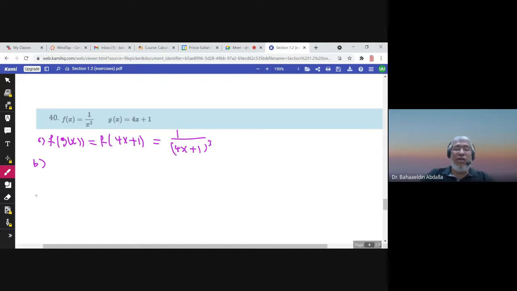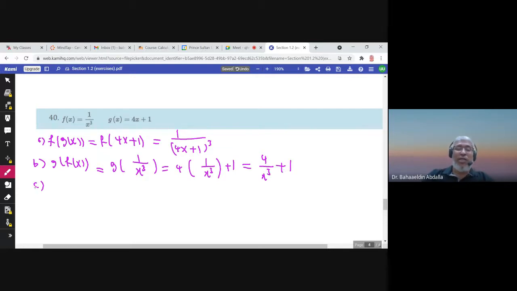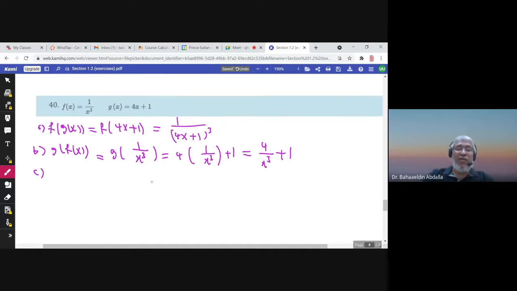B, we need to find g of f of x. It is g of 1 over x cube, and it is 4 times 1 over x cube plus 1. So I can write it 4 over x cube plus 1. C, I need to find f of f of x.